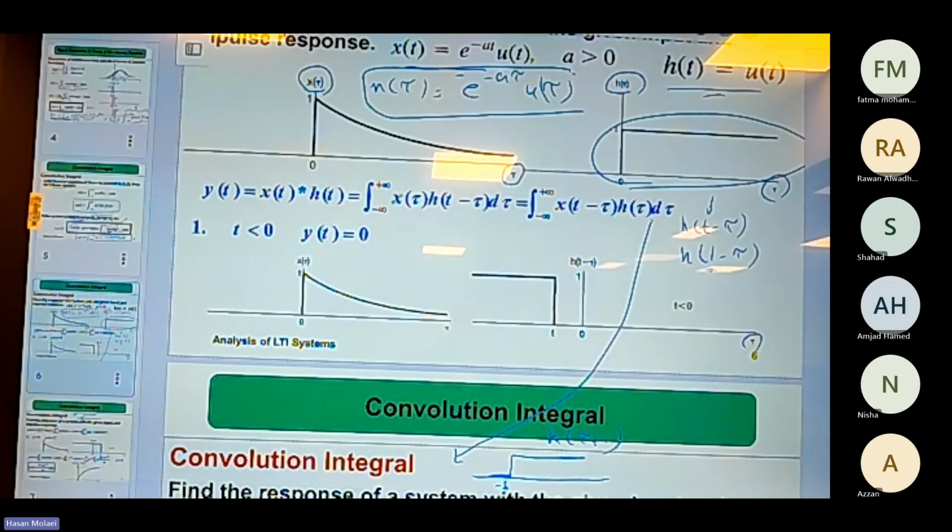Now I need to change tau to minus tau, giving h(minus tau). Now we should add t. I'm looking for h(minus tau plus t), or h(t minus tau). But t is changing.